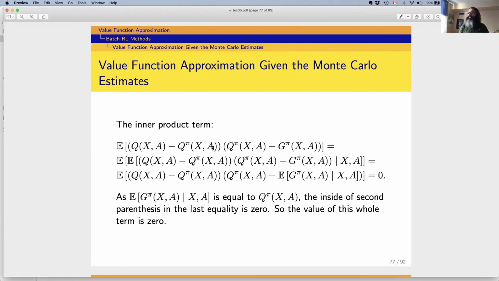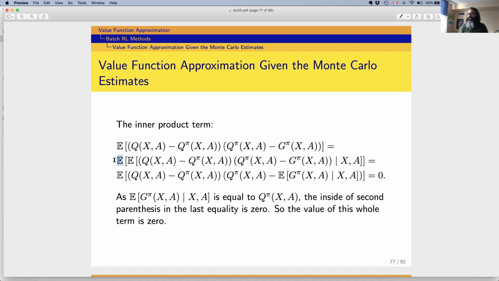The reason is that we can expand this. It looks complicated, but it is just because there are a lot of notations. I convert it to an expectation in two parts. The inner expectation is conditional on x and a, taking the expectation with respect to the randomness other than x and a, which means the randomness in the trajectory after we start from x and a, the randomness of following pi.